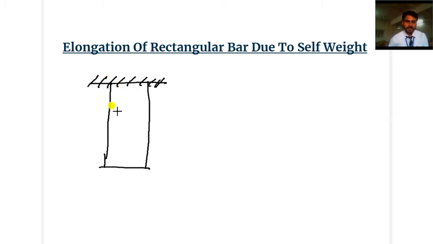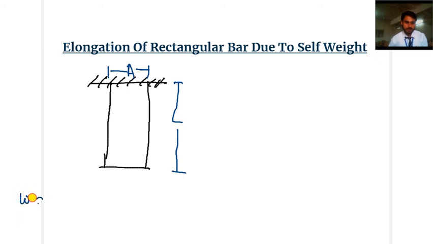Suppose the length of the bar is L, the cross sectional area is A, and that is a uniform bar. It may be circular or rectangular, but the cross sectional area is uniform throughout the length. So we have to calculate the deformation of that bar due to self weight.